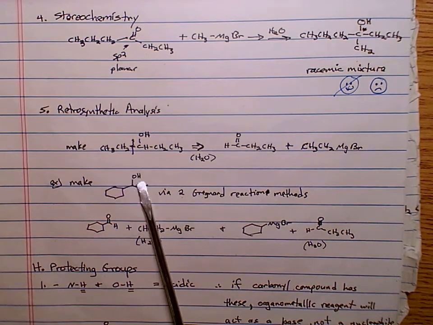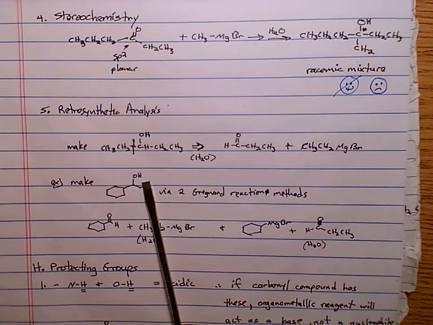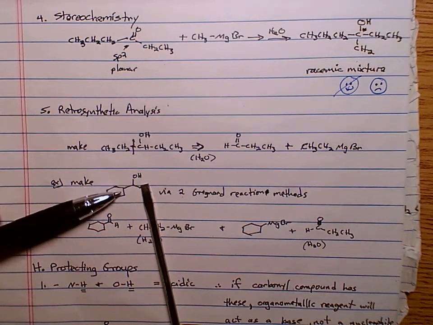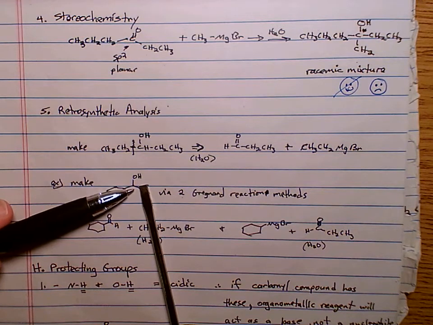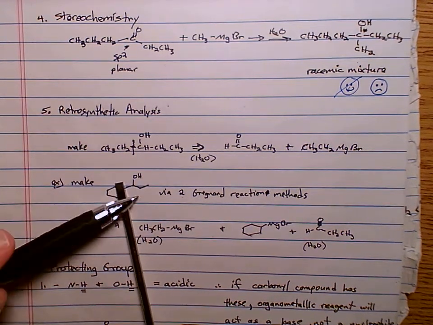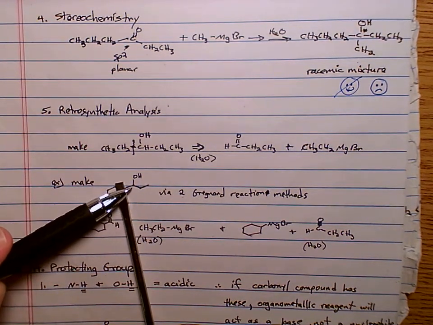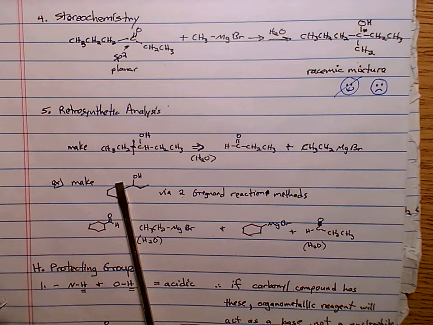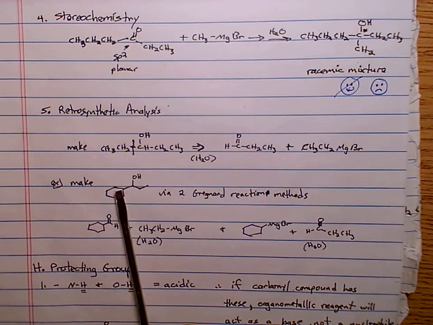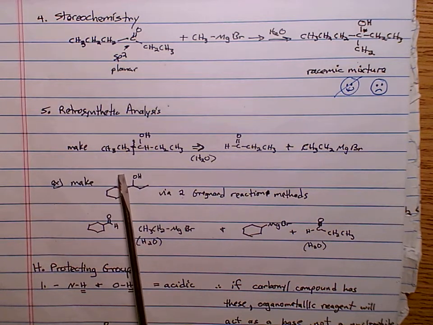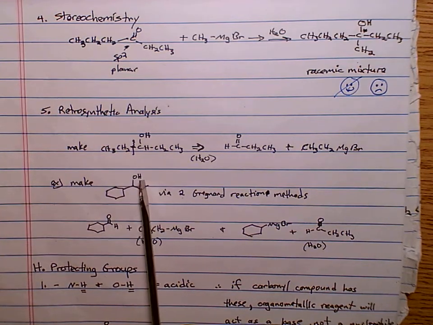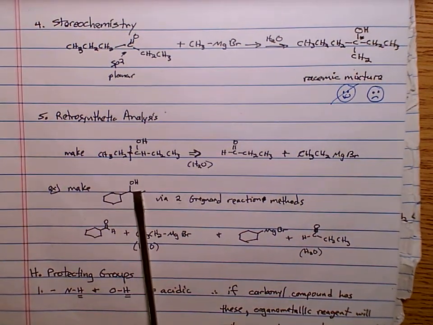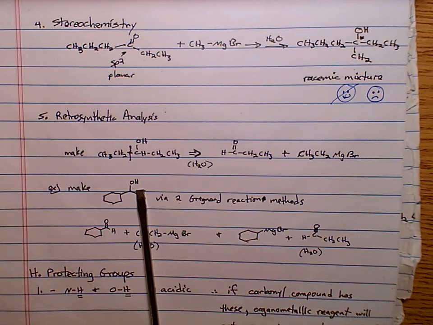My aldehyde could have been the cyclohexane bonded to a carbonyl and an H, or my aldehyde could have been CH3, CH2, C double bond O, H. I could disconnect here and have this aldehyde, or I could disconnect right here and have the cyclohexyl aldehyde.